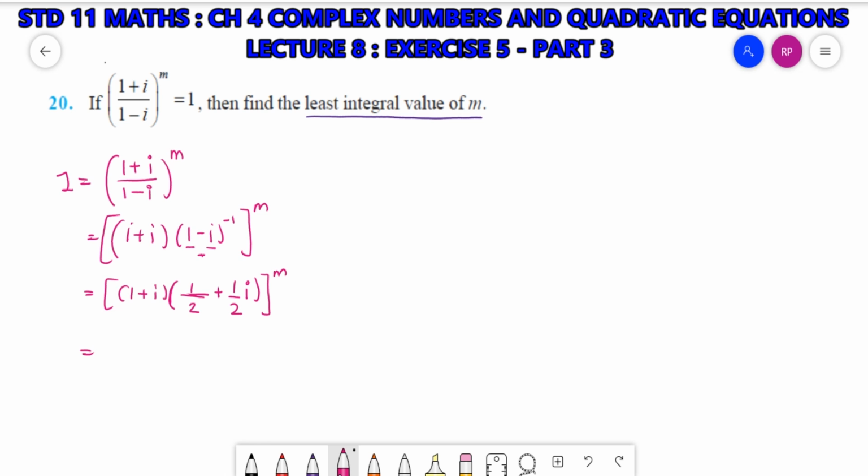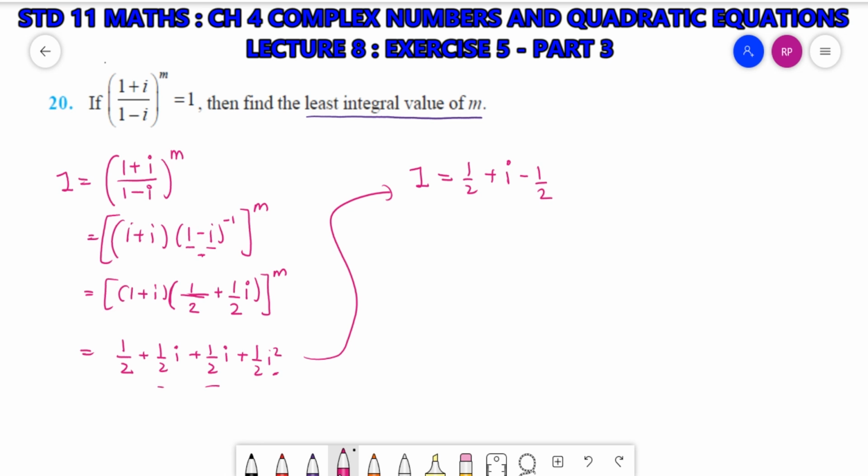Let's multiply 1 into 1 by 2, 1 by 2 i, and 1 by 2 i into 1 by 2 i, that will be 1 by 2 i squared. This shows 1 by 2 plus 1 by 2 is equal to 1. Now i squared is minus 1, so it will be minus 1 by 2, whole raised to m.